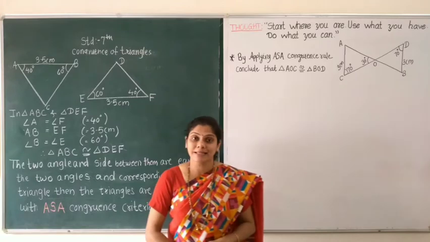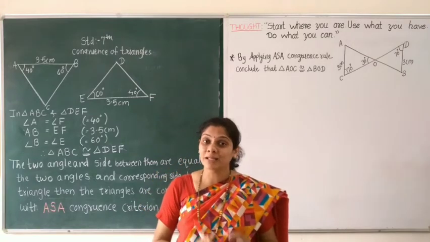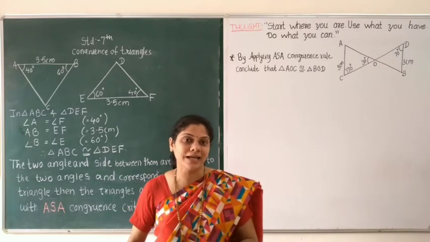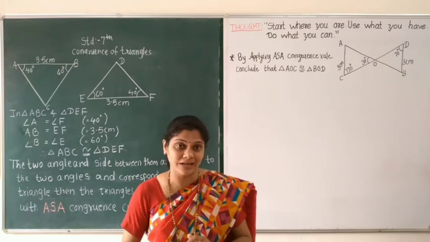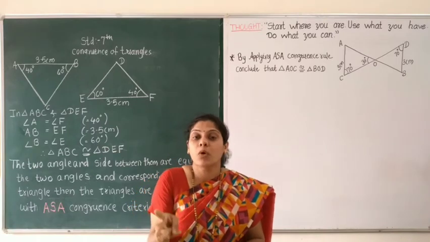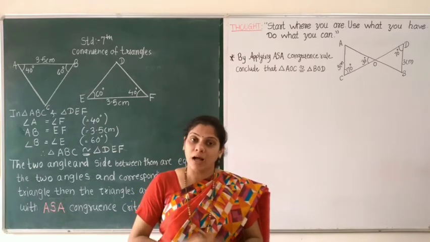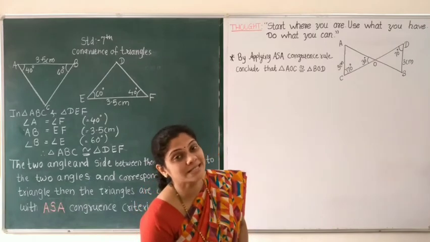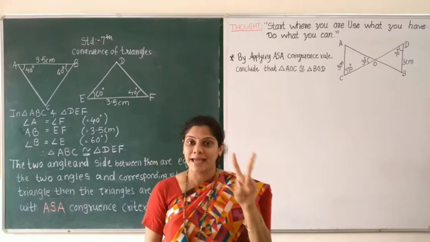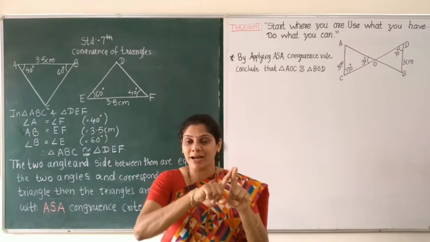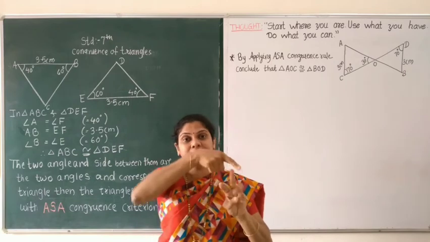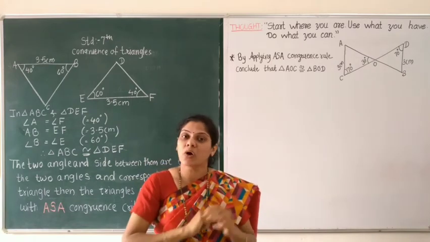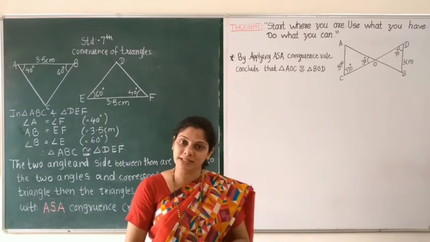So if two angles and the included side are congruent to the two angles and included side of another triangle, then both triangles are congruent by the ASA rule. What are these three letters? ASA. A stands for angle, S stands for side, and A stands for angle. So this is the ASA congruence rule, or congruence criteria.